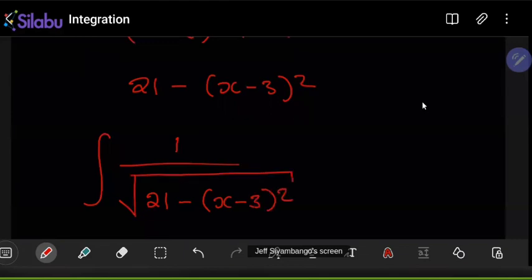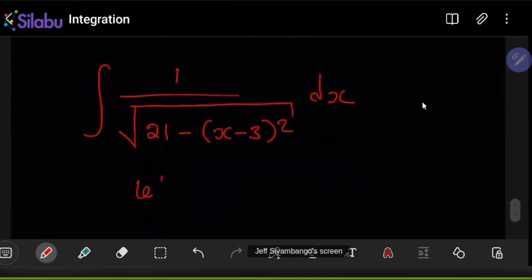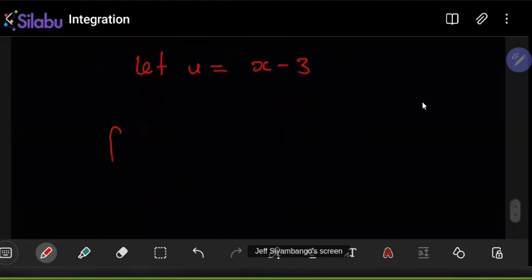then dx. When you look at this expression, if I was just to let u be equal to x minus 3, now it starts to look similar to what we were dealing with last time. Because here, of course, du/dx will be equal to 1, so that dx will just be the same as du.